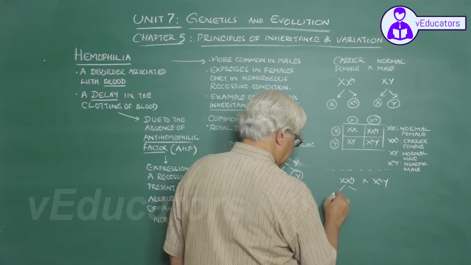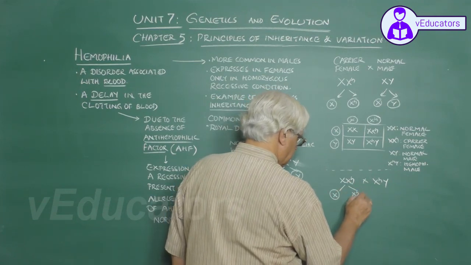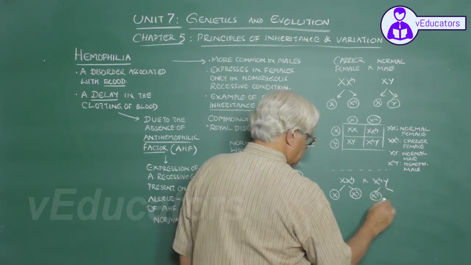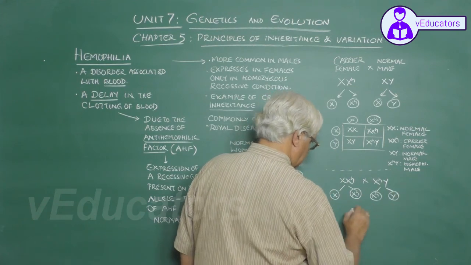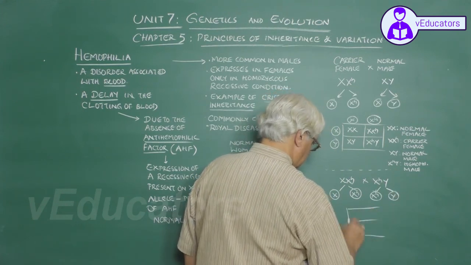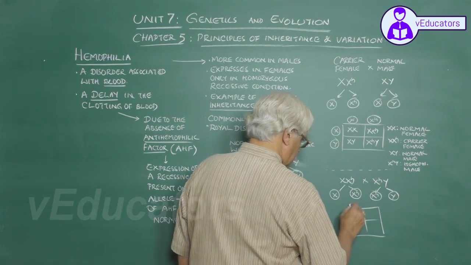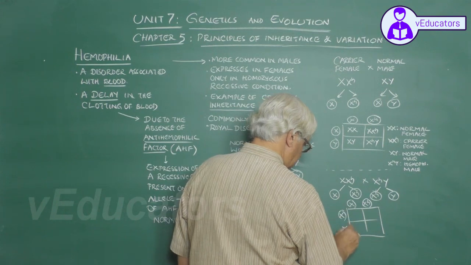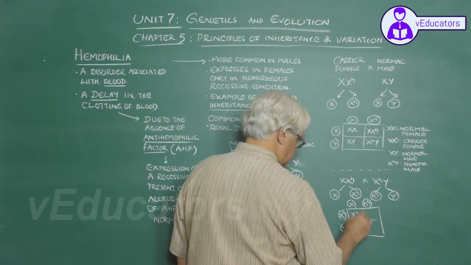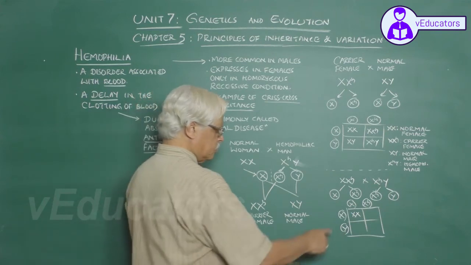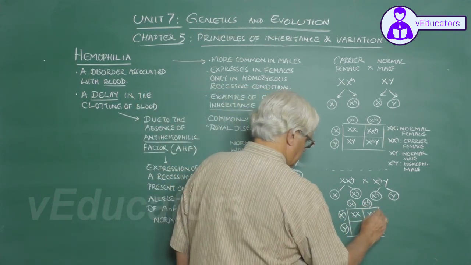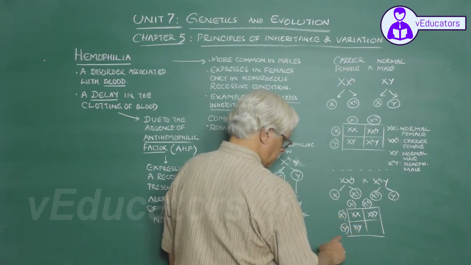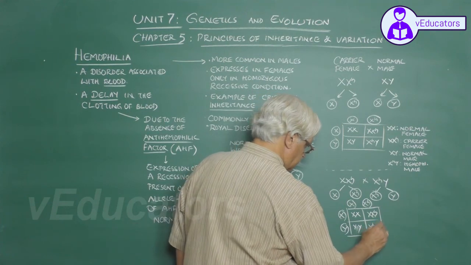Now the possibility is XH here, XH and Y here, X and XH, X and Y, this into this, XX, this into this, XXH, this into this, XY, this into this, XHY.